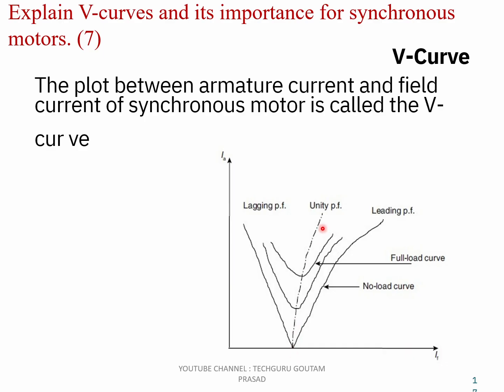So here, it is quite obvious that this synchronous motor can operate in all the three power factors: lagging power factor, unity power factor, and leading power factor. When it operates at unity power factor, you call it the normal excitation. Under the normal excitation condition, the synchronous motor operates at unity power factor, for under excitation it operates at lagging power factor, and for over excitation it operates at leading power factor.